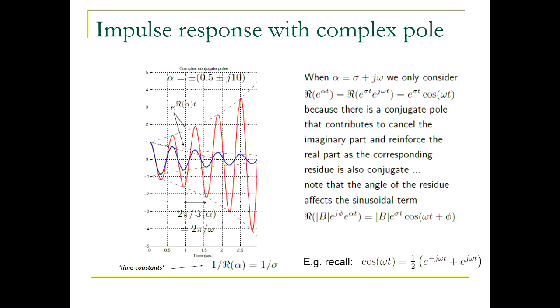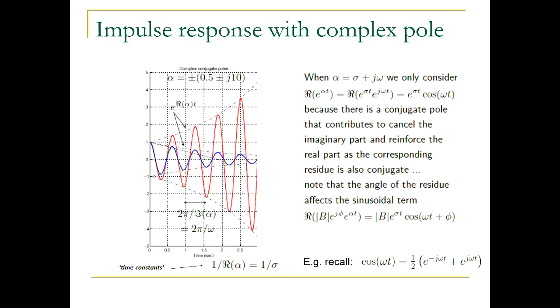I plotted two situations. The blue case is when sigma is negative, and the red case is when sigma is positive. When the real part of the pole is positive, the amplitude of the sinusoid blows up, and when sigma is negative, the amplitude heads to 0.